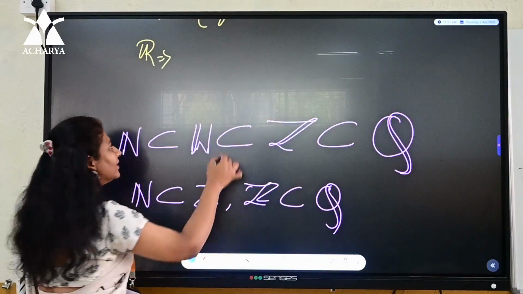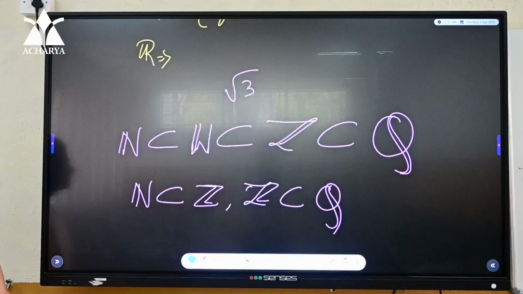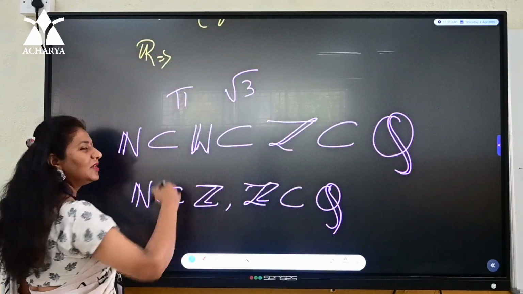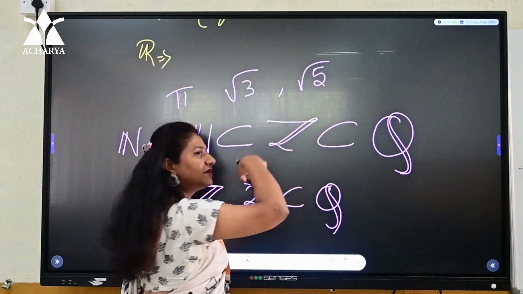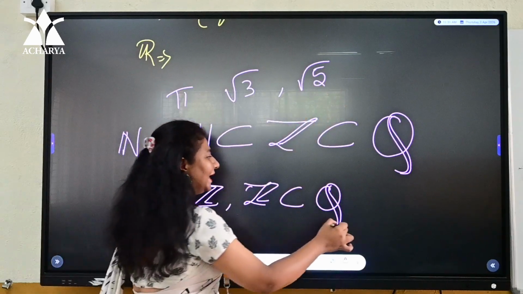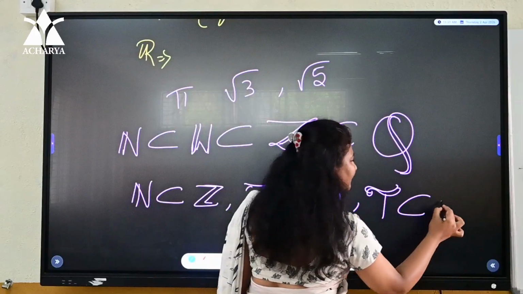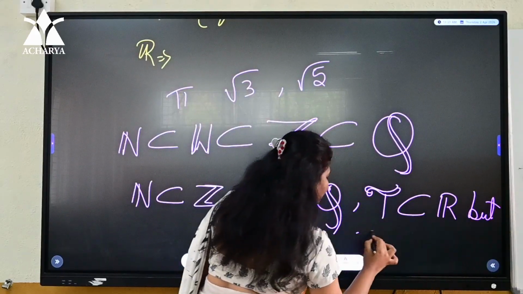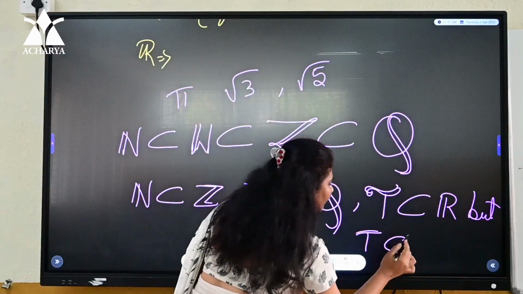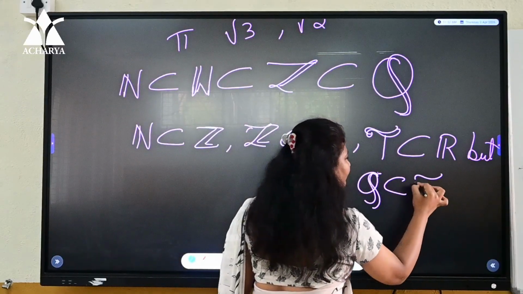Irrational numbers cannot be written in that form. √3 is an irrational number, pi is an irrational number and root 5 is an irrational number. You can say the irrational numbers are a subset of R, but they are not a subset of Q, and Q is not a subset of the irrational numbers.